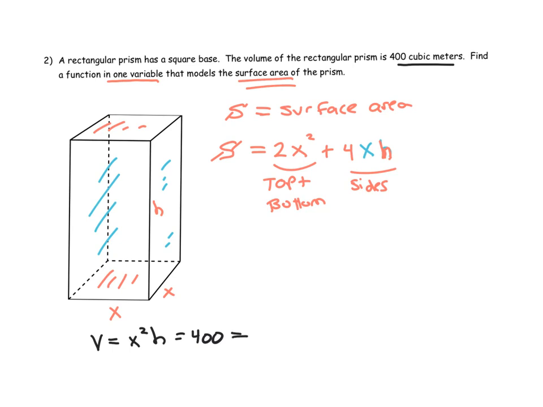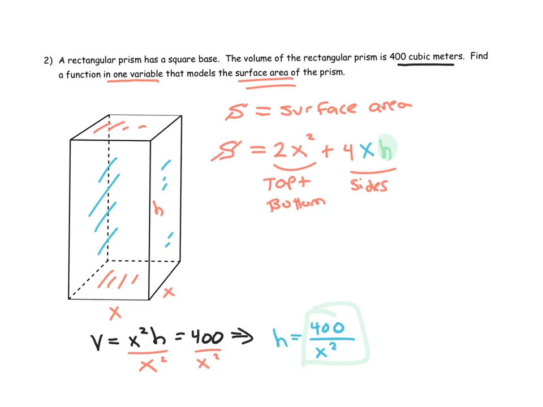But that implies that if you divide both sides by x squared, that implies that the height can be expressed as 400 divided by x squared. And that is what I'm going to replace this h up here with. I want to substitute that with 400 over x squared.